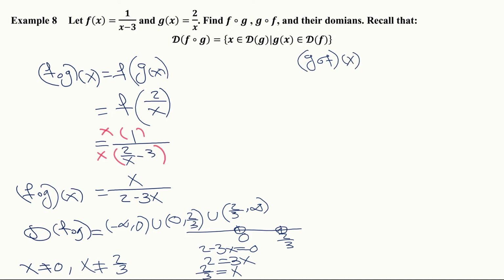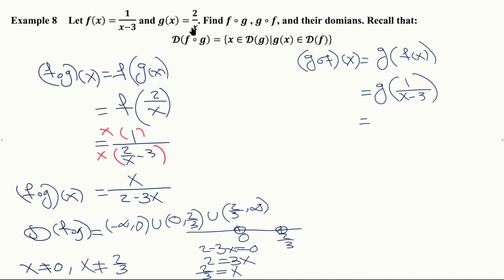All right, so we get g of f of x, which is g of 1 over x minus 3. So basically, remember, we're going to apply g to this input, right?